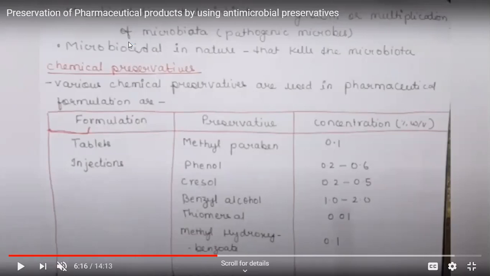If you are preparing injections, then a number of preservatives are used: phenol at a concentration of 0.2 to 0.6, cresol at 0.2 to 0.5%, benzyl alcohol at 1 to 2%, thiomersal at 0.01%, and lastly methyl hydroxybenzoate at 0.1%. These are the preservatives used in injections, at minute concentrations.